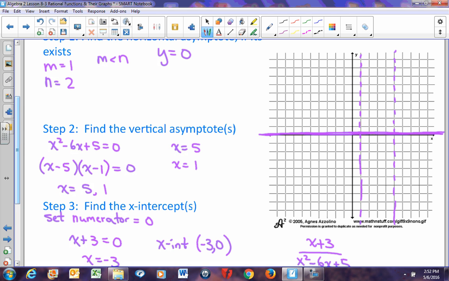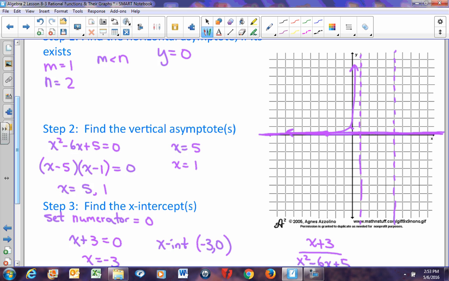So 3 down here below my horizontal asymptote, 3 above it. I've got to figure out where they go. Part of it is graphing my intercepts. My intercept was negative 3, 0. So there's an intercept there. And then my y-intercept was 0, 3/5. So I'm looking at it going, well, that doesn't tell me much, except for this graph right here. That kind of gives me the idea that my graph would be like this in this section.